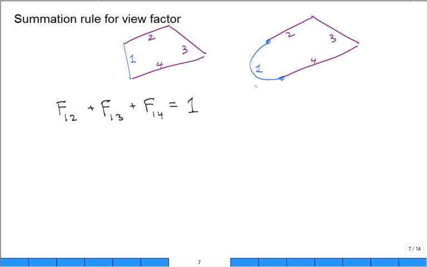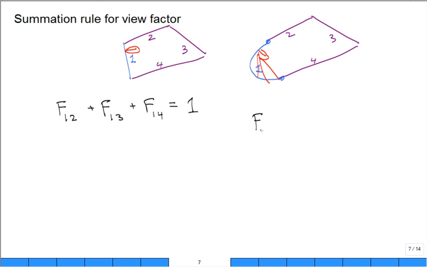And that's always, hold it, what are you talking about? The photons that would leave surface 1 when it's planar, are any of them going to hit 1? No. But if you have a surface 1 like we've shown here, what did we call that? Concave. Some of them could leave surface 1 and impinge on surface 1. So how does that change the summation rule?